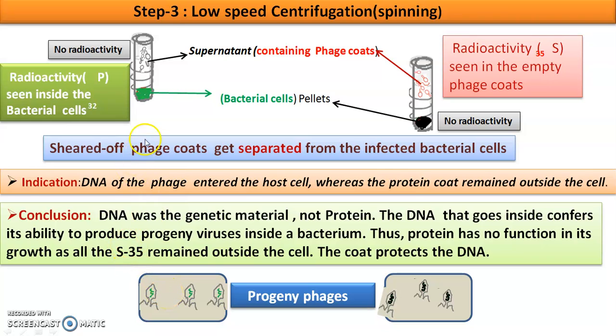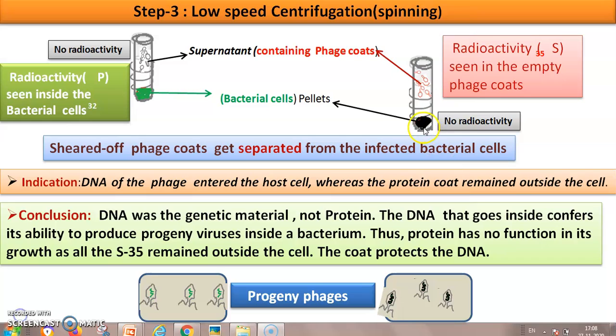Moreover, on lysis of those bacterial cells, it was found that these bacterial cells also contained progeny, most of them having radioactivity shown. The progeny phages also were labeled in this case, whereas the progeny phages here were having radioactive sulfur in them.